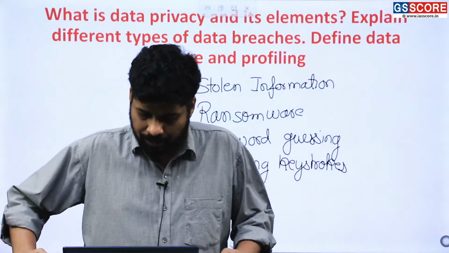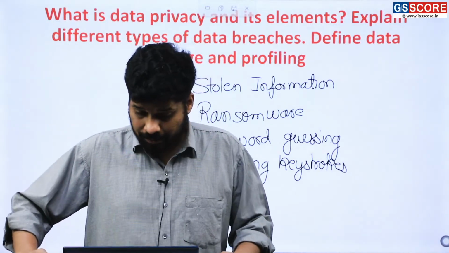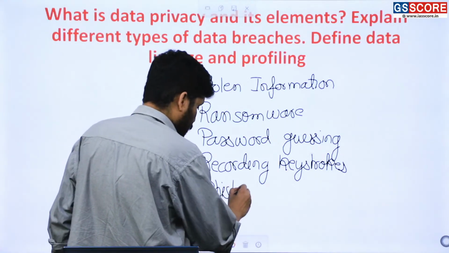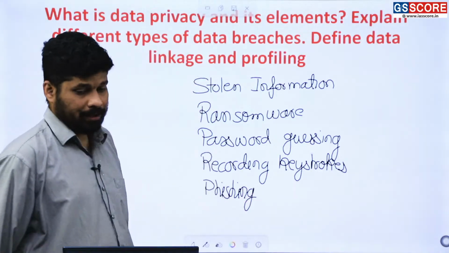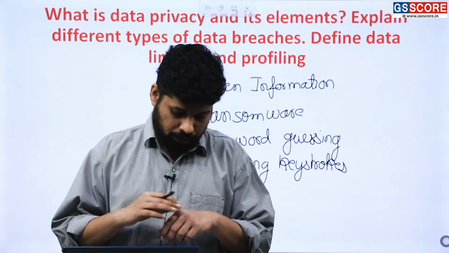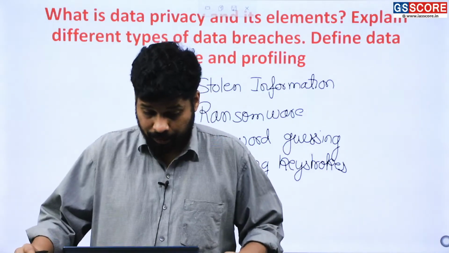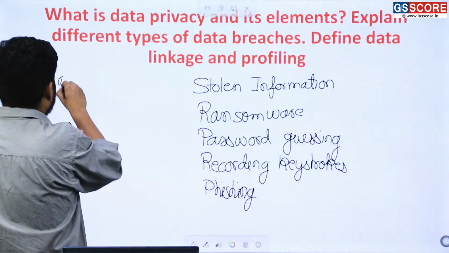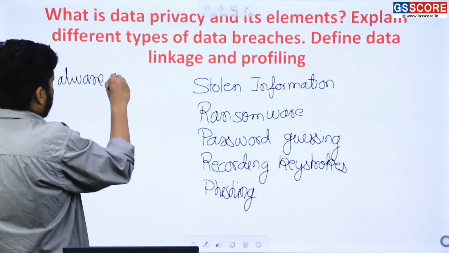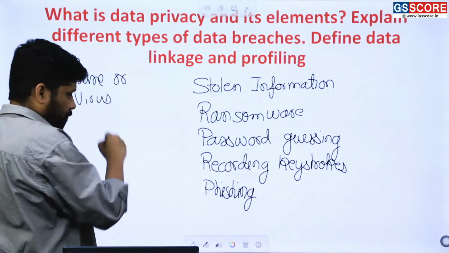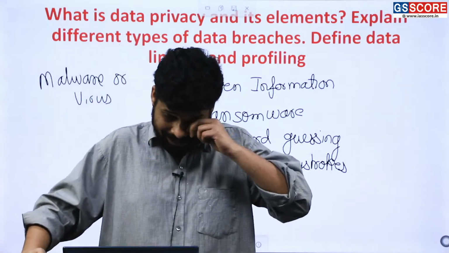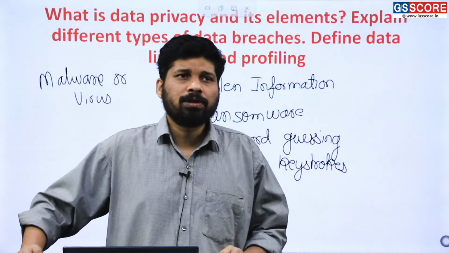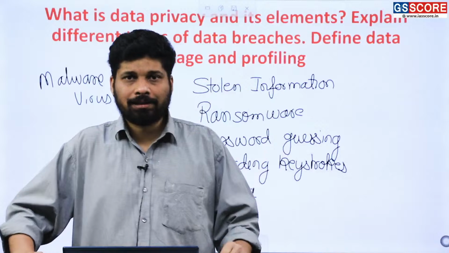Then it is phishing. Phishing is sending deceptive mails, and through those deceptive mails you get access to the confidential information in the system. Then we have virus, all malware. Due to it, the data system might fail.